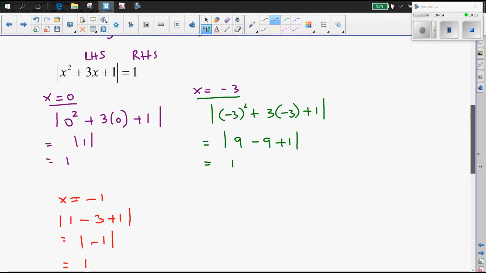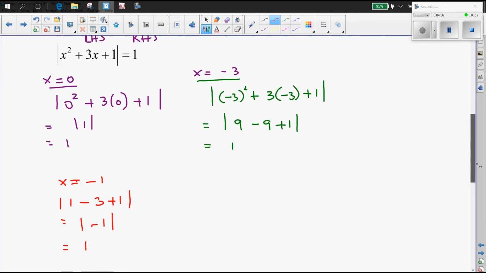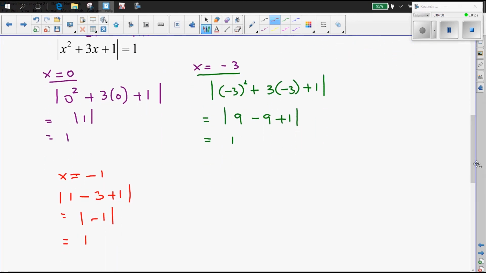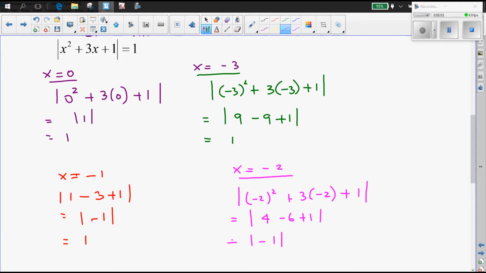Scrolling up, I see that the last solution to be tested is x equals negative 2. So if x equals negative 2, I'm going to have negative 2 squared plus 3 times negative 2 plus 1. This gives me 4 minus 6 plus 1, which is once again the absolute value of negative 1, which is once again 1.